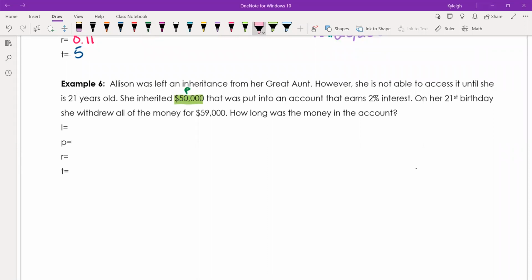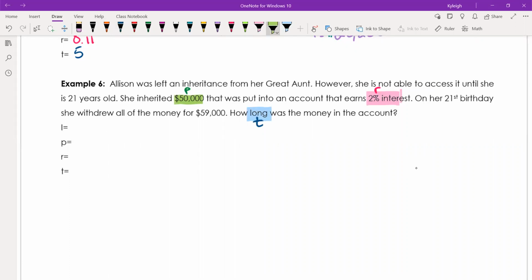That bank account earns 2% interest. That's your rate. We withdrew the money for $59,000. And how long? So we need to find, instead of rate interest, we're finding time. But first, we need to figure out our interest.